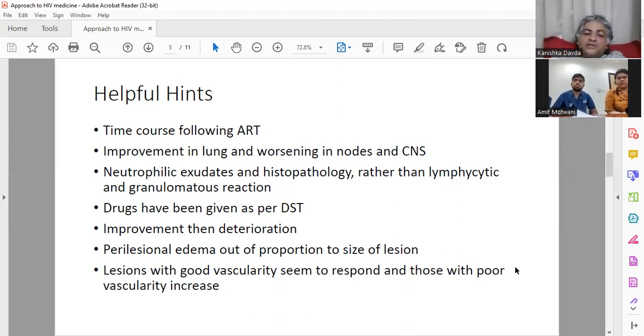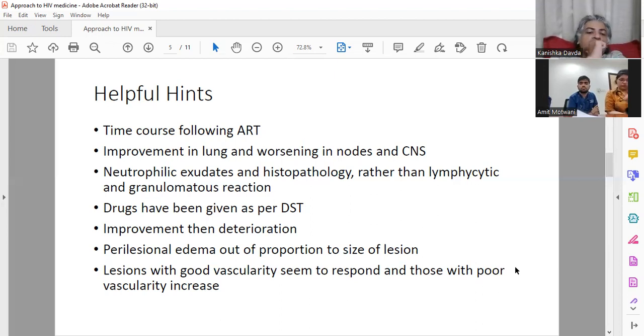So drugs have been given as per DST. Suppose we had the sensitivity when we started the TB treatment and we have given the ATT as per the DST, and then the patient worsens, then you are more likely to have IRIS rather than resistance. Right.